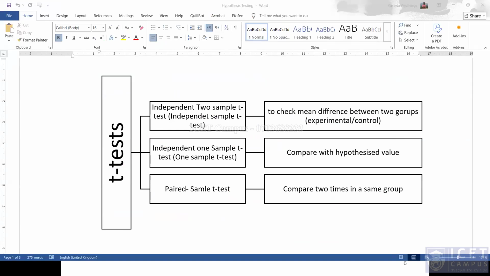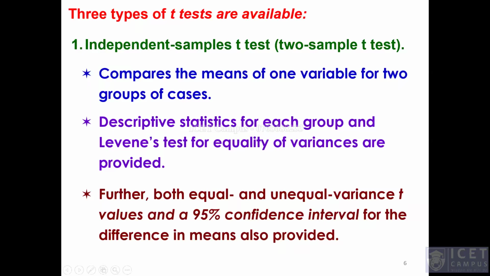Actually, taking the values using this software is not a very difficult thing. But you have to identify the appropriate test to perform to take the output. That is the important thing.